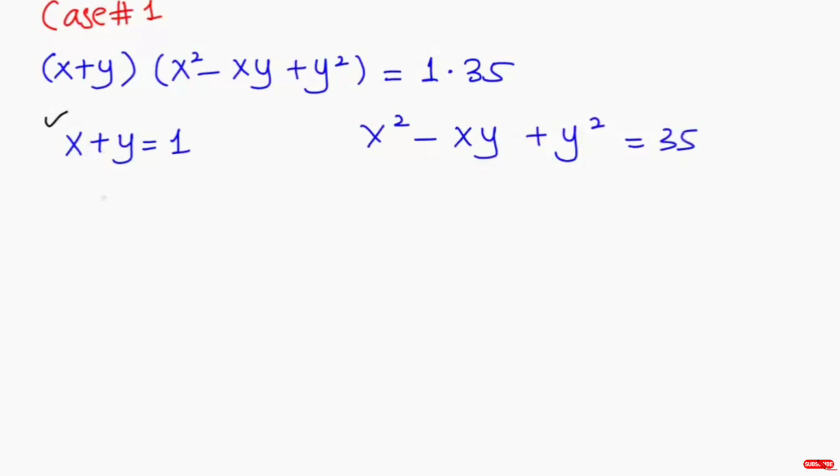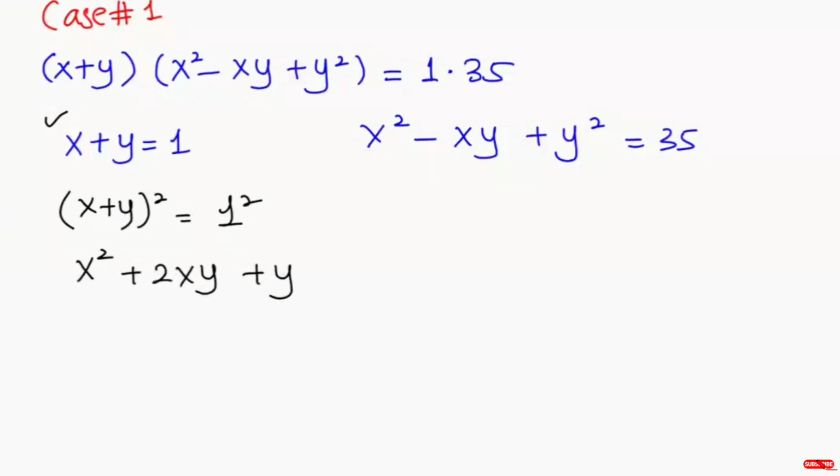I'm going to square both sides. (x plus y) whole squared is equal to 1 squared. Using the algebraic identity that (a plus b) squared can be written as a squared plus 2ab plus b squared, I'm going to write x squared plus 2xy plus y squared is equal to 1.